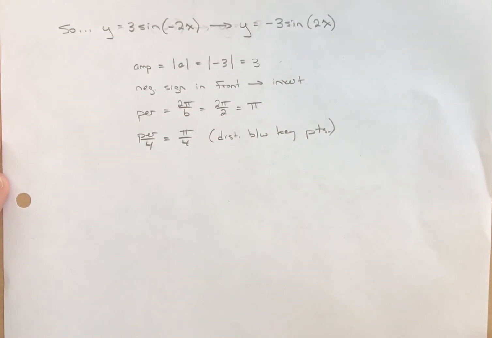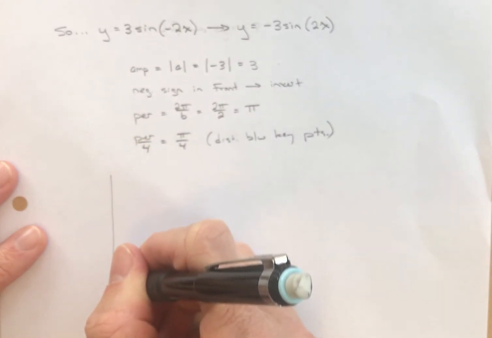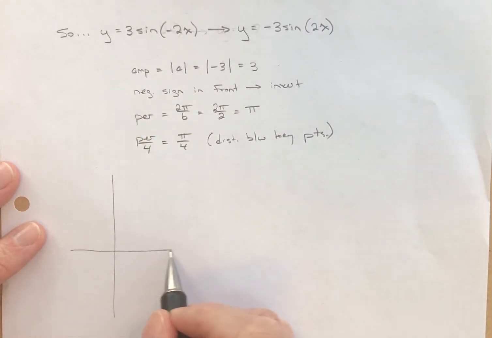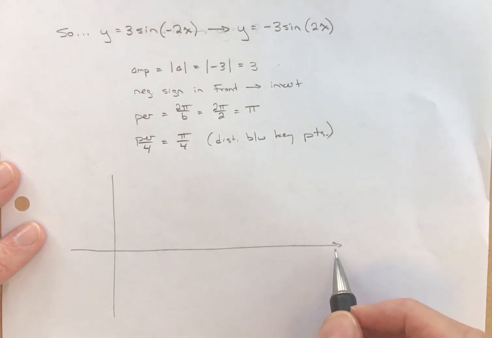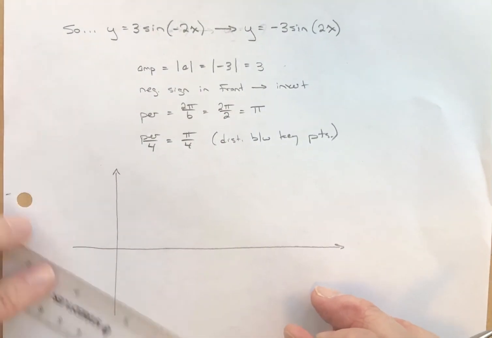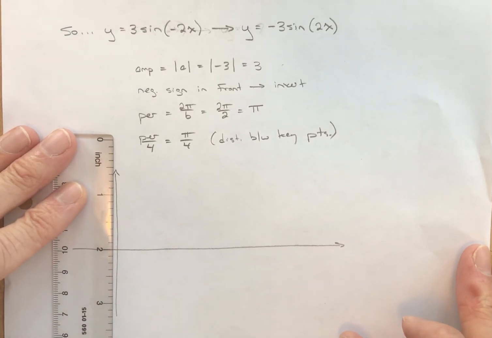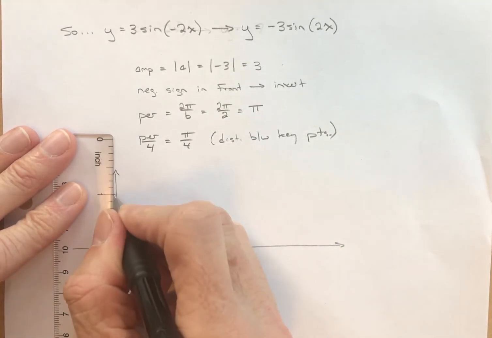Let's take a look. So we want to graph this. There's the y-axis, here's the x-axis. I'm only going to graph one period. Again, I'll use the 1-inch mark to try to keep my graph a little bit more accurate.